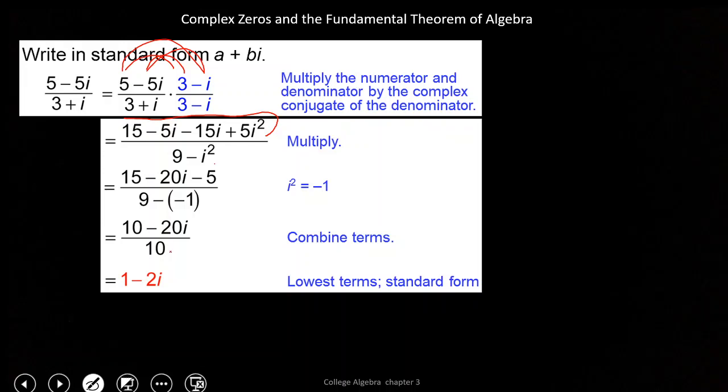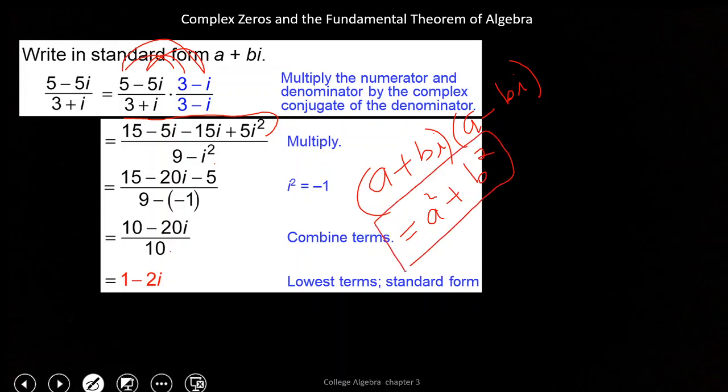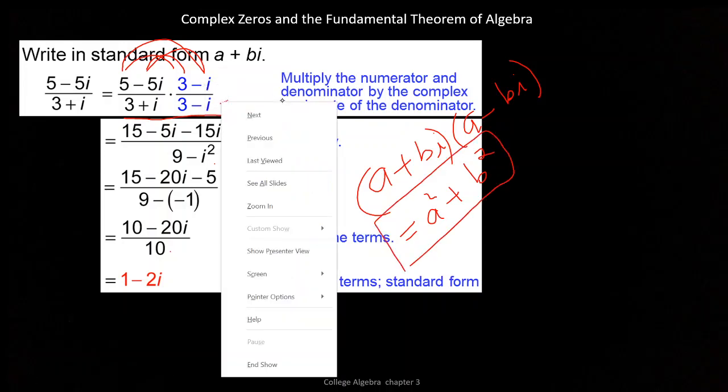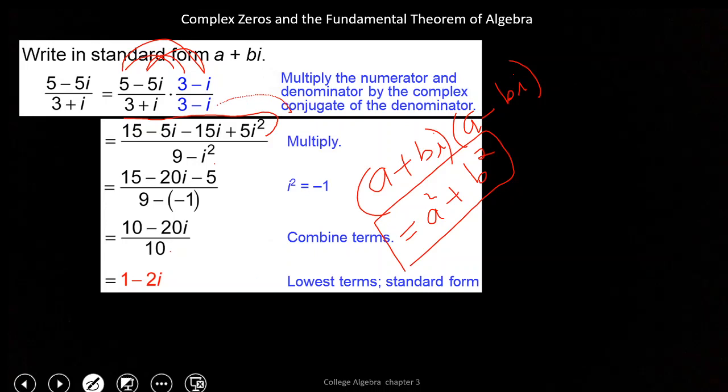So the shortcut is that whenever you multiply a plus bi times a minus bi, you get a squared plus b squared. We could go from here to there, because 3 squared is 9, 1 squared is 1, and 1 plus 9 is 10.